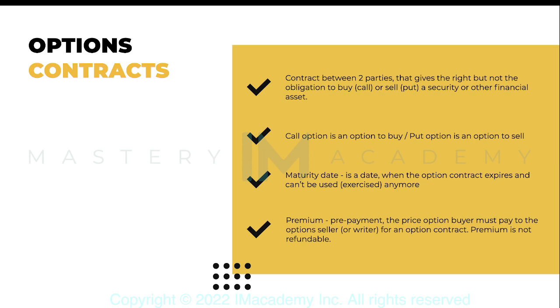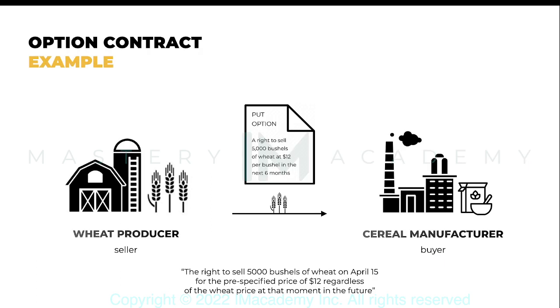In a moment, again, we are going to discuss what premiums are, why they are necessary, and who decides how much premium costs. So let's have a look at the wheat and cereal example one more time. Let's have an example of a put option contract first.